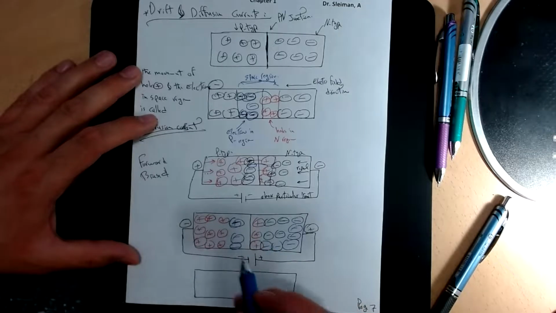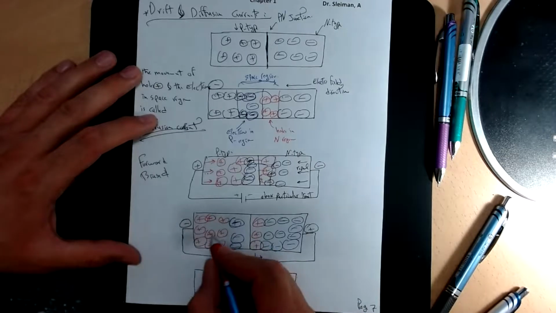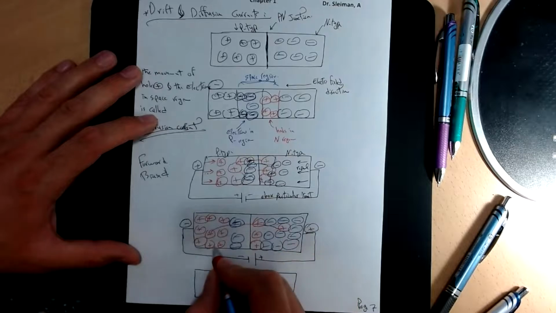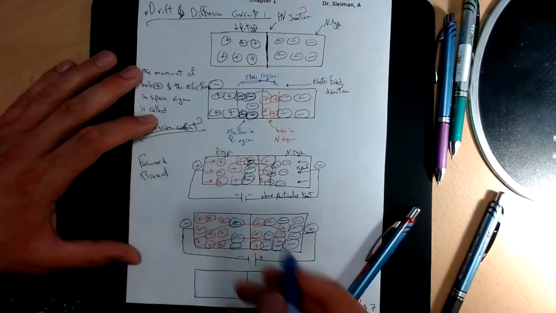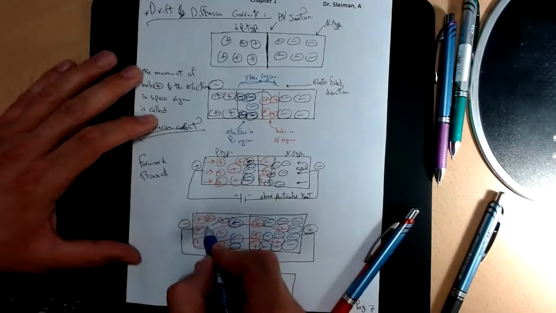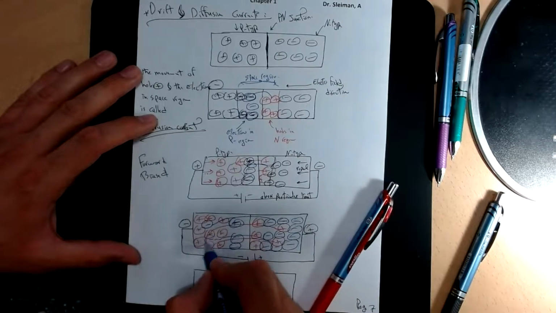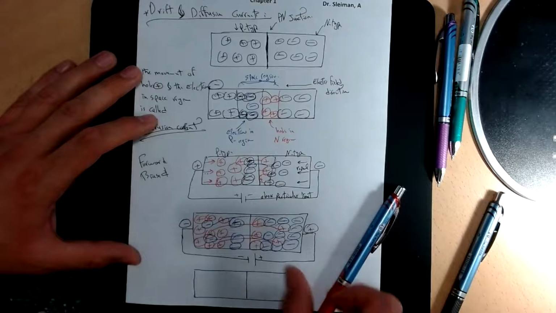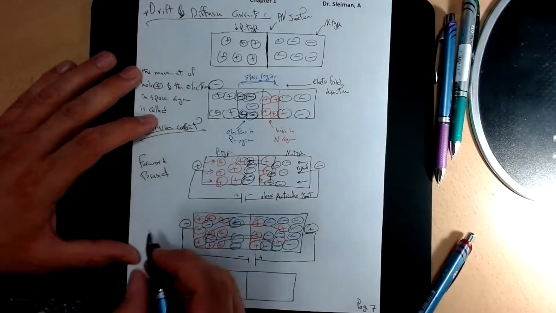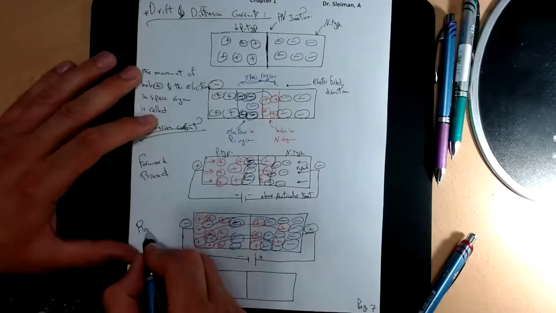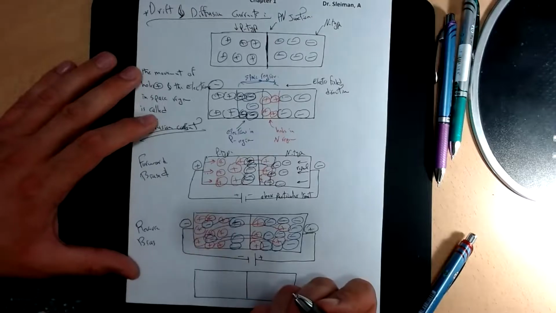Some of these positive will go in, and some of these negative will go deep into the P-type. And this is what happened when we have reverse bias.